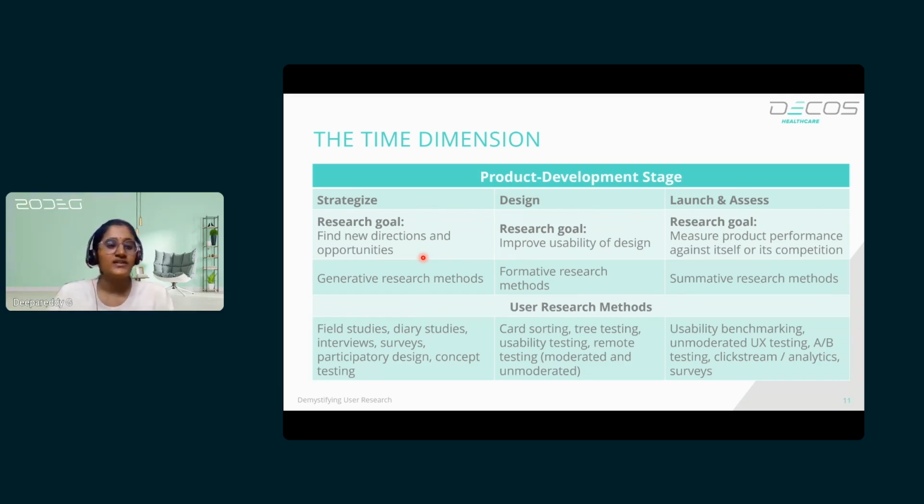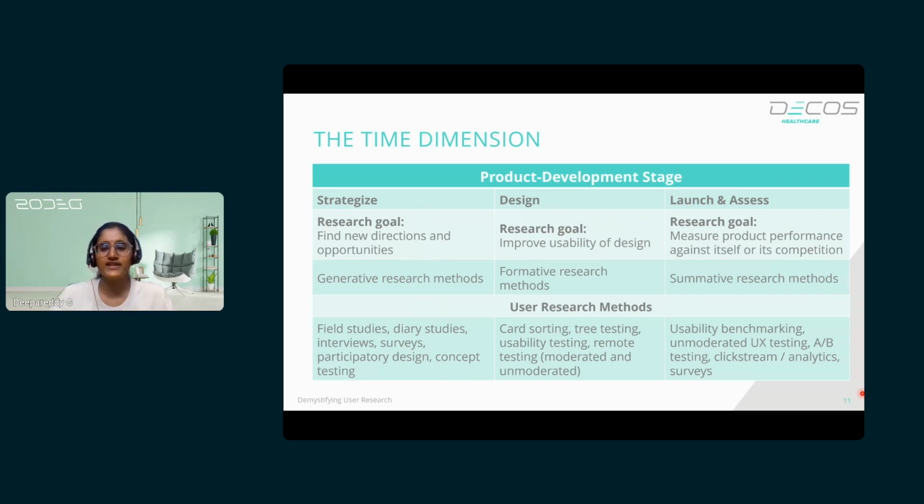The user research methods that can be employed in this strategize phase are field studies, diary studies, interviews, surveys, participatory design, and concept testing. Moving on to the design phase, or the formative phase. Once a direction is selected, the focus will shift to refining and improving the product design.